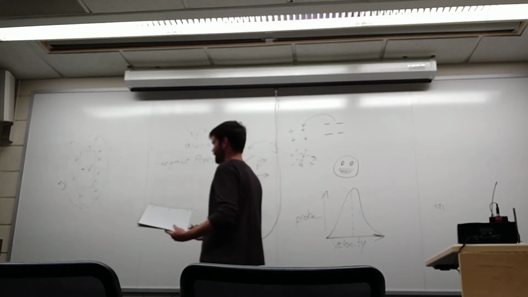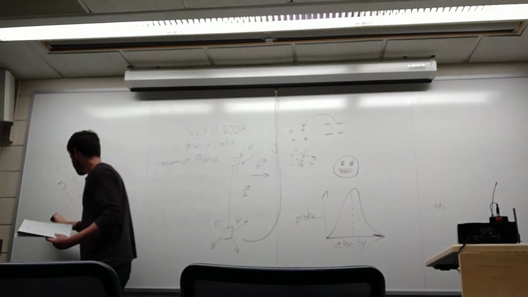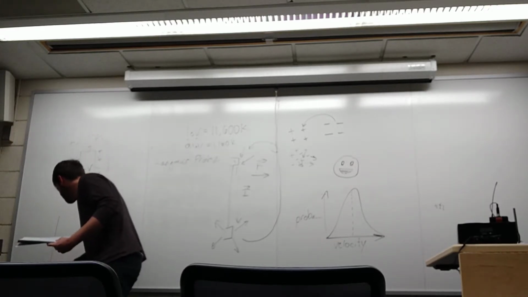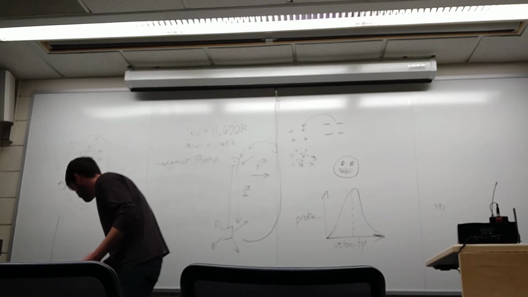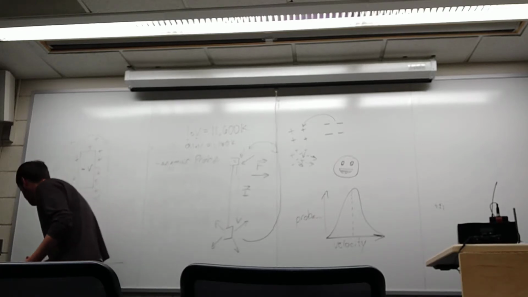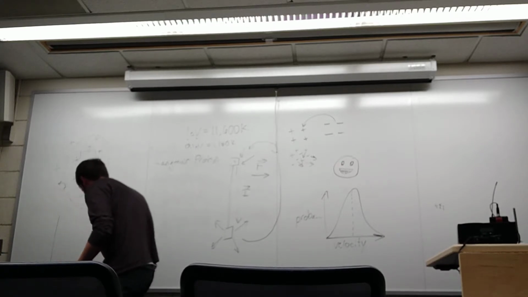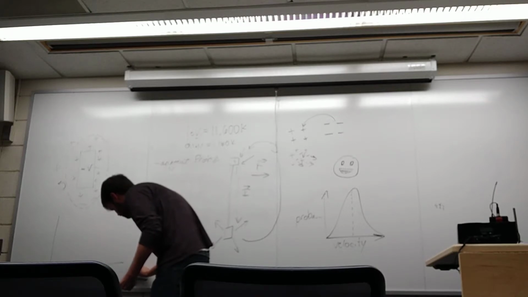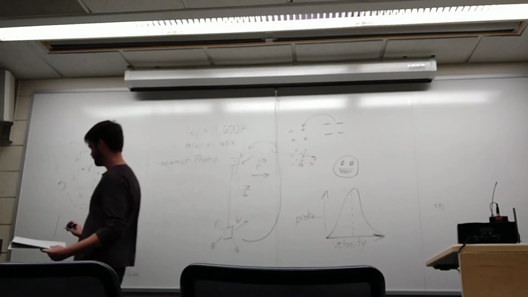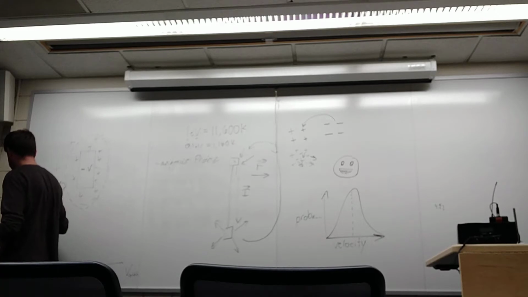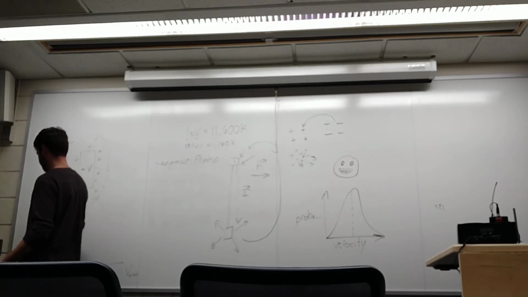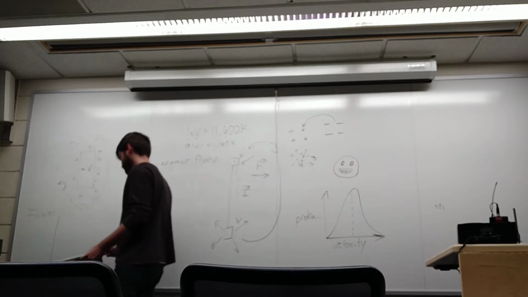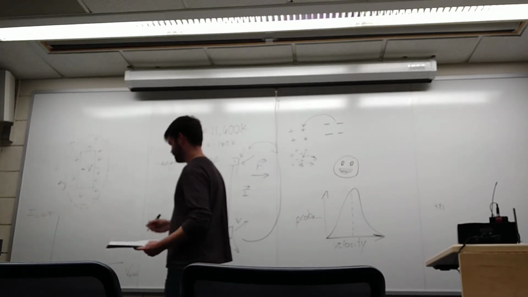Okay. So how do we do it? Well, like I said, we bias, so apply a voltage to, the Langmuir probe, and we measure the current to it.